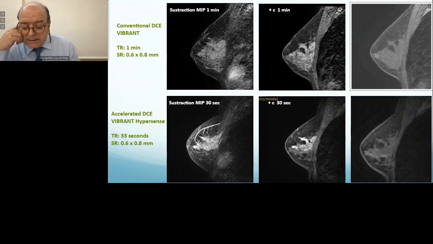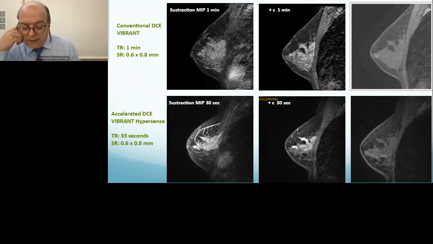With this example, I want to show the importance of increasing the temporal resolution in cases where the background enhancement is strong. On the top, a large segmental enhancement of DCIS is observed in the upper quadrant of the breast. And with our conventional Vibrant sequence 1 minute after contrast injection, it's difficult to discriminate the tumor margins from the background enhancement.